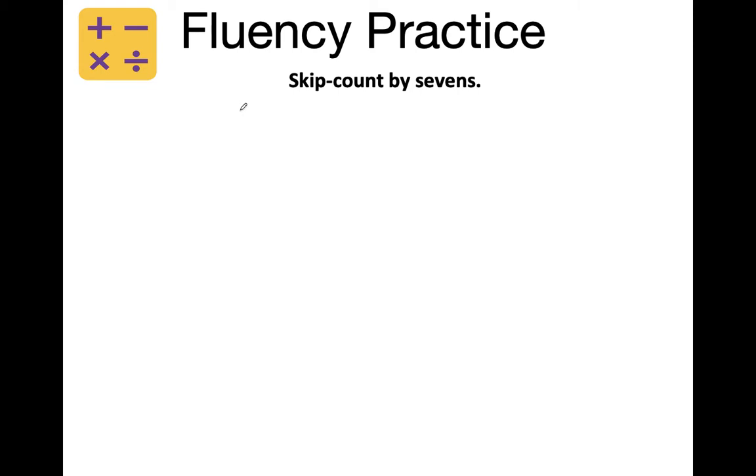One of the assignments I had put was a challenge to recite your sevens times tables to me without looking at a paper. So you need to really practice and memorize. I find that sevens tend to be one of our trickier numbers to memorize.